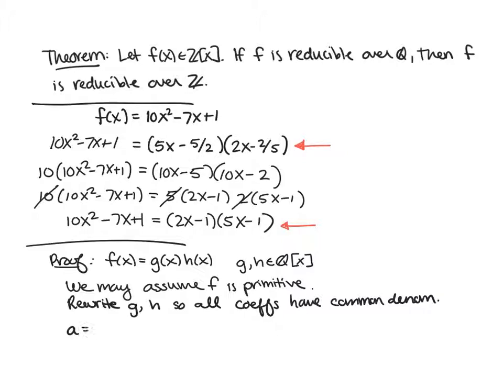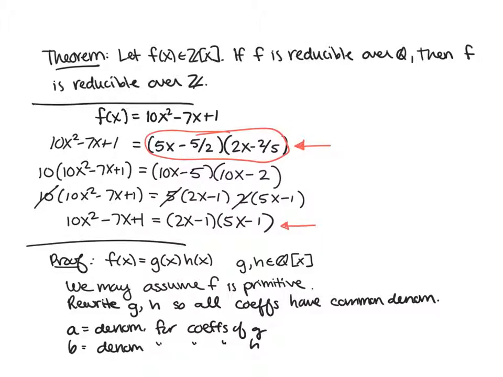So say a is that denominator for the coefficients of g, and let's say b is the denominator for the coefficients of h. Then, what we did in the example at this point, we multiplied by those denominators. So that's what we're going to do here. But I'm going to write it on the next slide since we are running out of room.